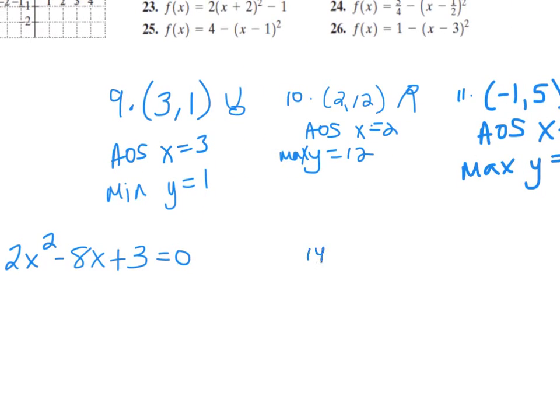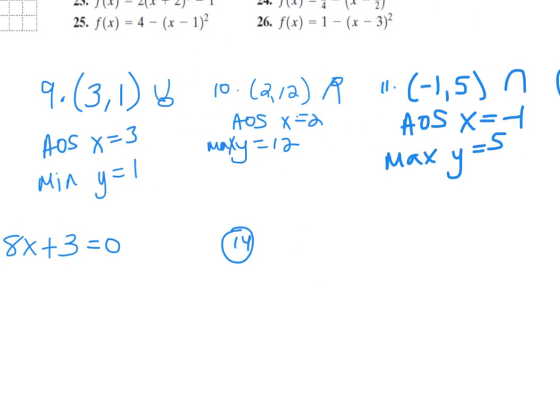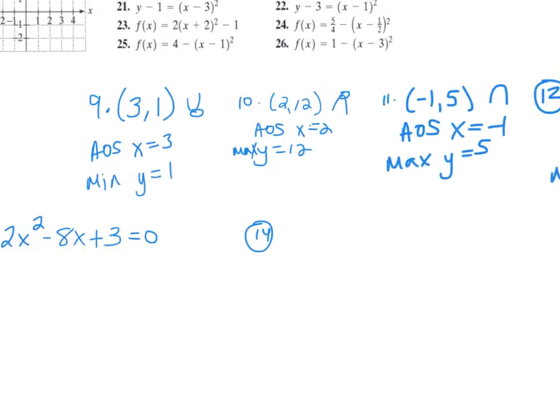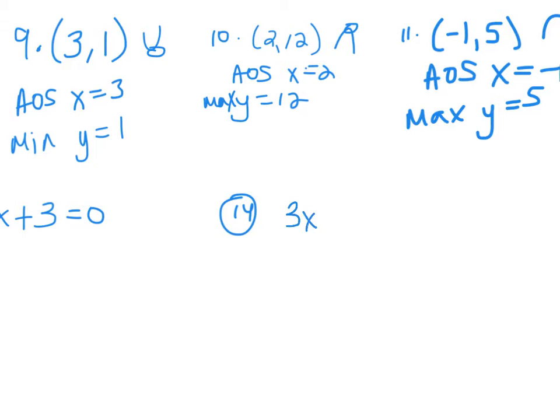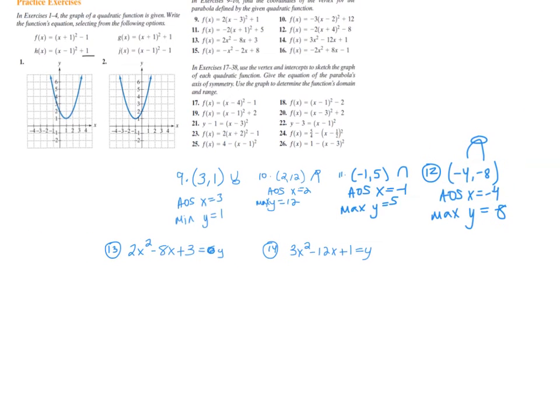What does 14 say? 3x squared minus 12x plus 1, we'll say equals y. So if I was going to ask you to find the x and y intercepts, which I'm not now but we will later, how do I do that? Plug in 0. If I plug in 0 for y, I'm finding the x-intercept. If I plug in 0 for x, I'm finding the y.